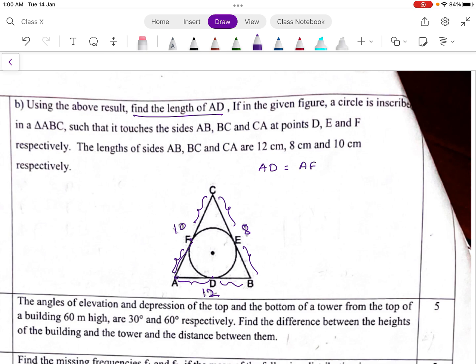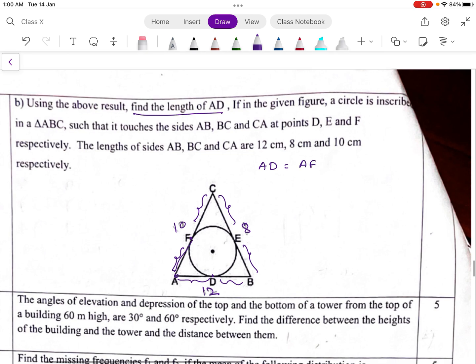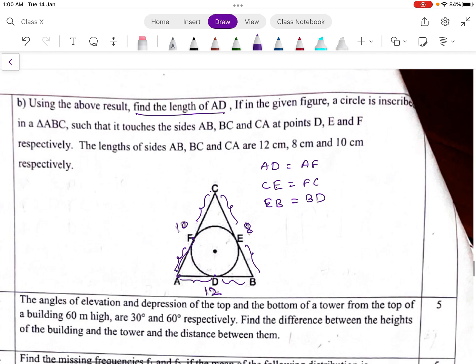Next I am going to write FC, because I want this length to be used, AF plus FC. So FC is equal to CE. Now CE and EB I want to add, so here I will take EB, which is equal to the other side, BD.